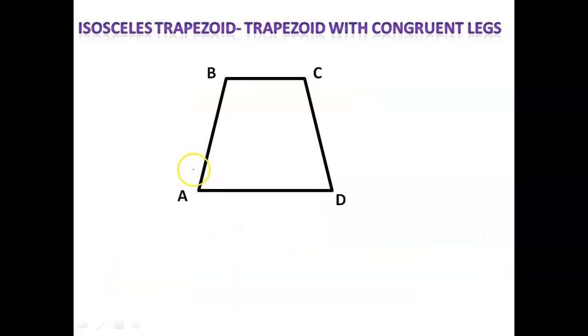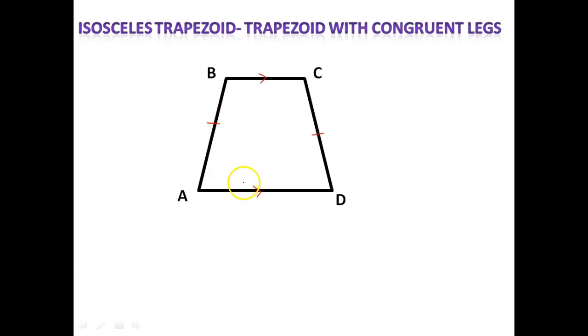All right, so then you have an isosceles trapezoid, and it's a trapezoid with congruent legs. So, of course, BC and AD are parallel. But if you look, these legs AB and CD are congruent. Remember the tick marks.